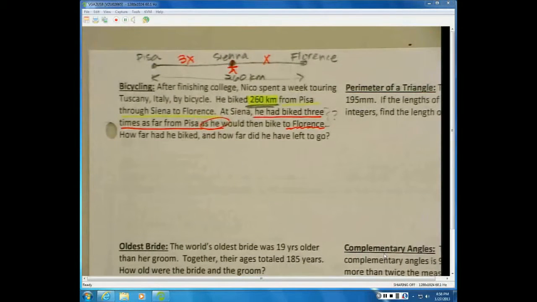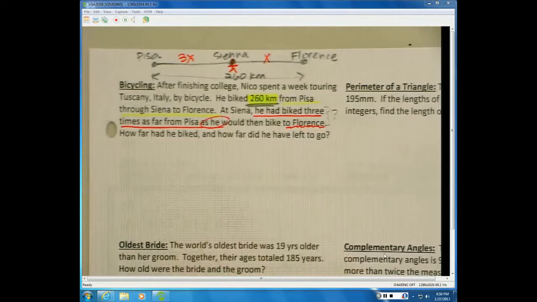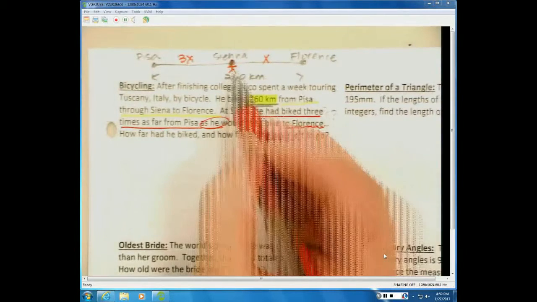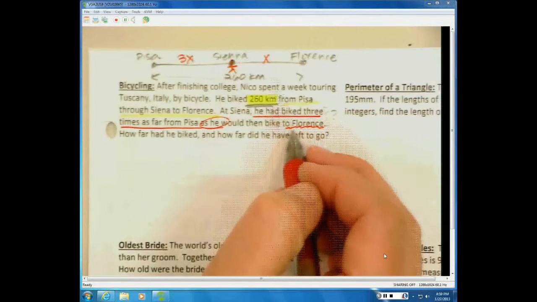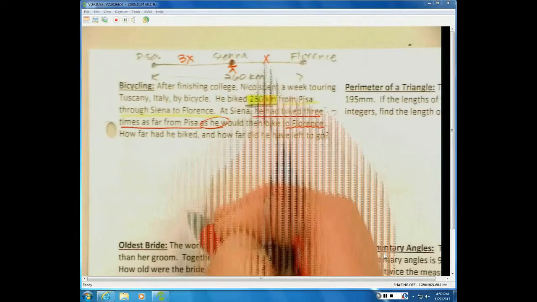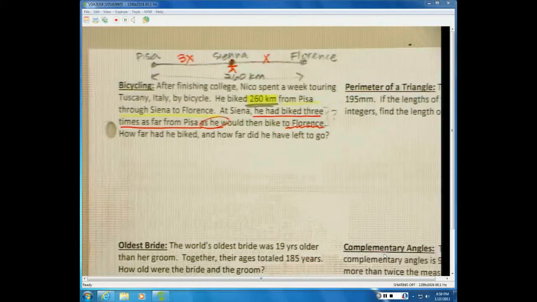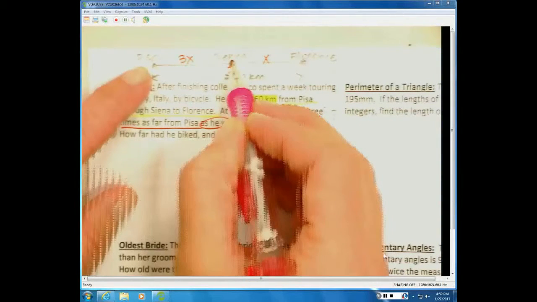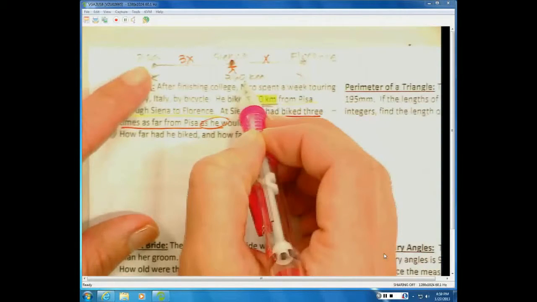Question is, how far had he biked and how far did he have left to go? Drawing this picture and putting him in Siena and identifying the thing that I have the least information about helps me get my variable. And I know that if I take the distance from Pisa to Siena and I add that to the distance from Siena to Florence, it should equal 260 kilometers because that's the total distance.